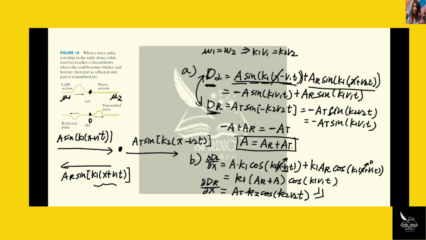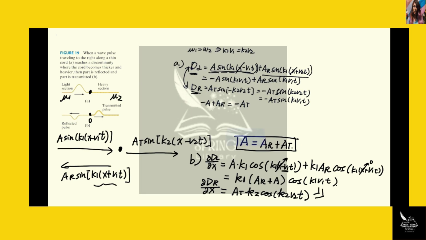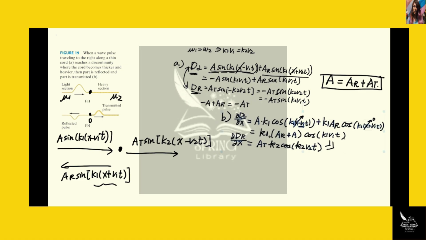Let me rearrange my equations a little bit so I have more space to solve the rest of the problem. Again, cosine(k1 v1 t) and cosine(k2 v2 t) cancel. What we have is k1 times (A minus A_R) equals k2 times A_T.